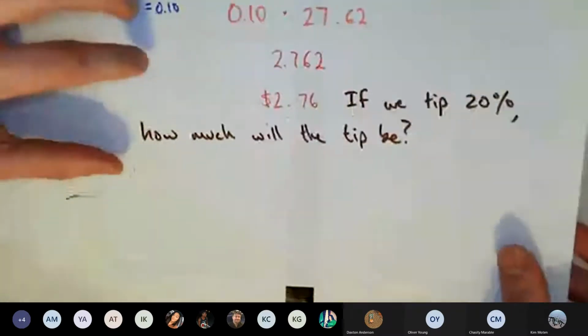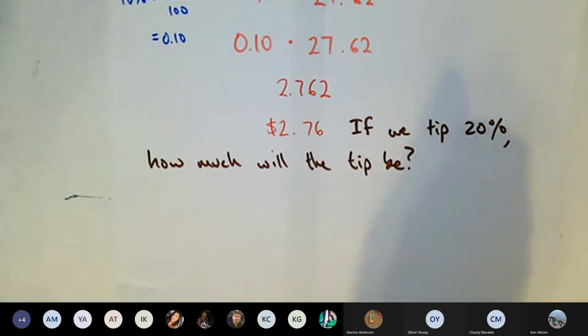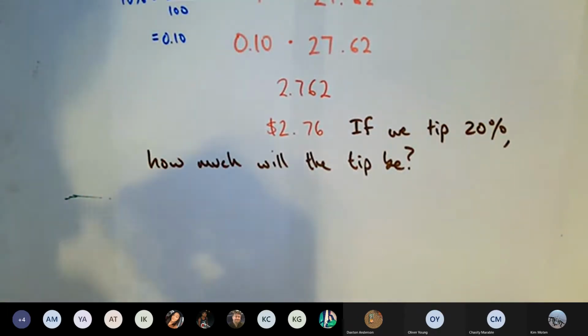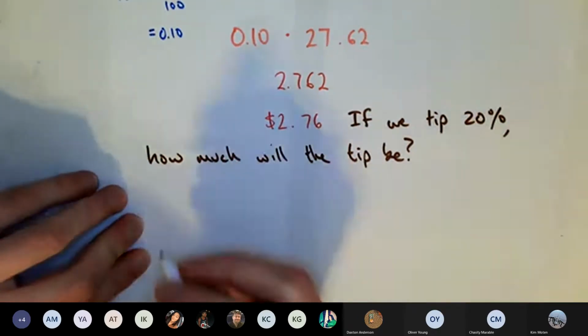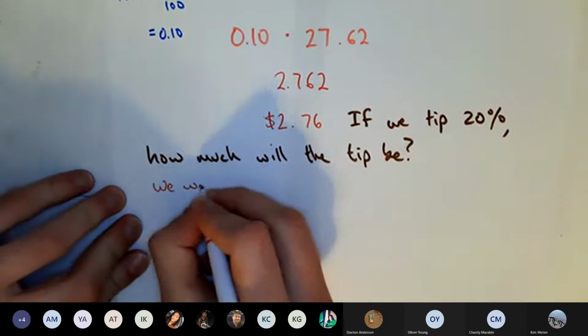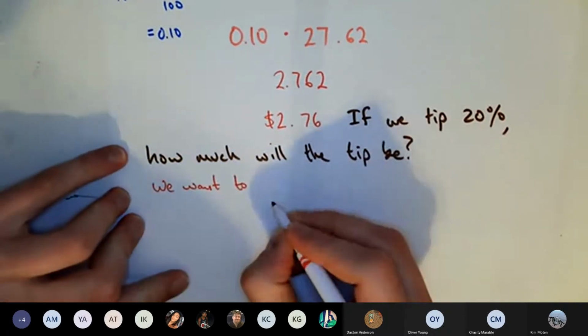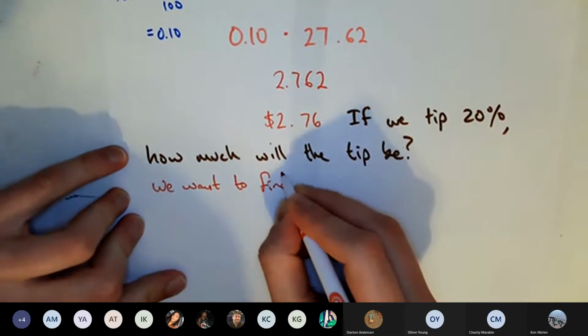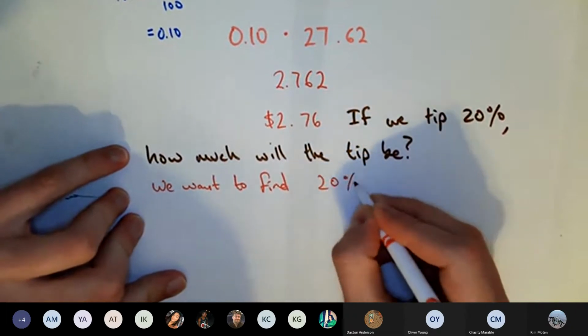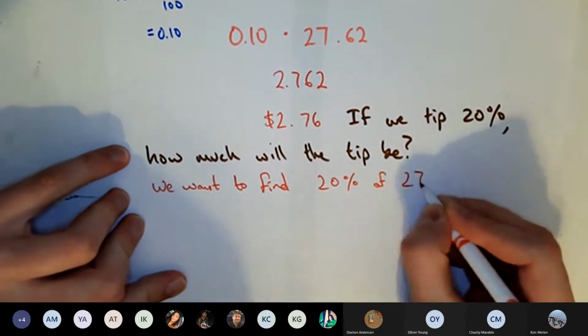So I'm going to say first, so it's the same bill, right? We want to find 20% of 27.62.